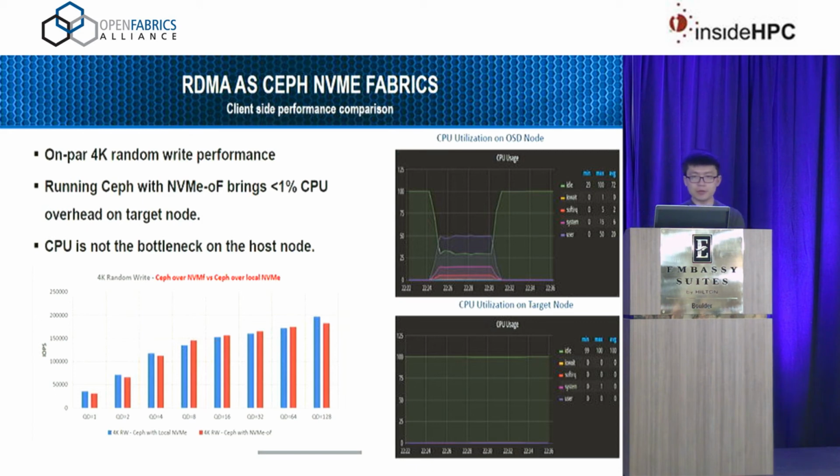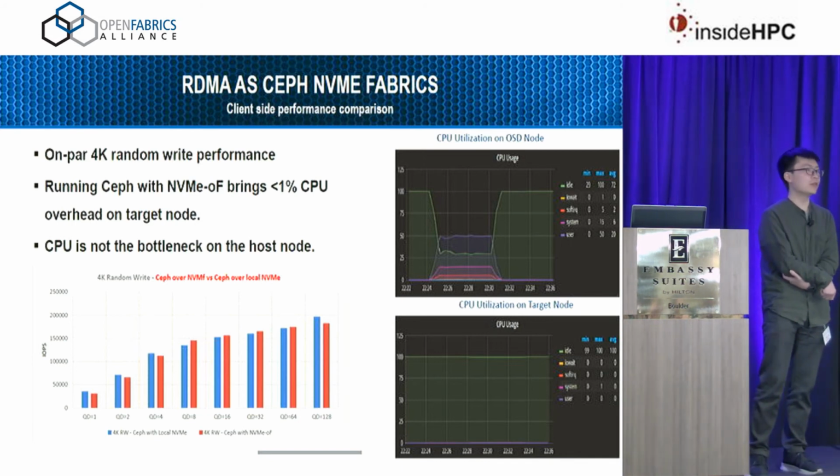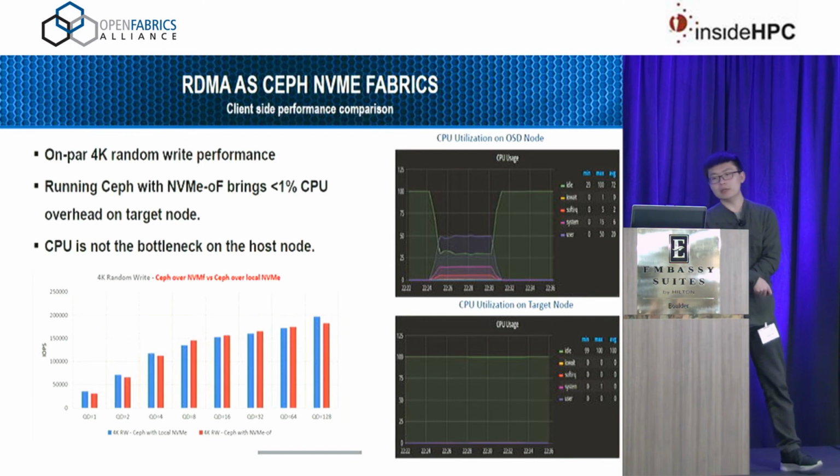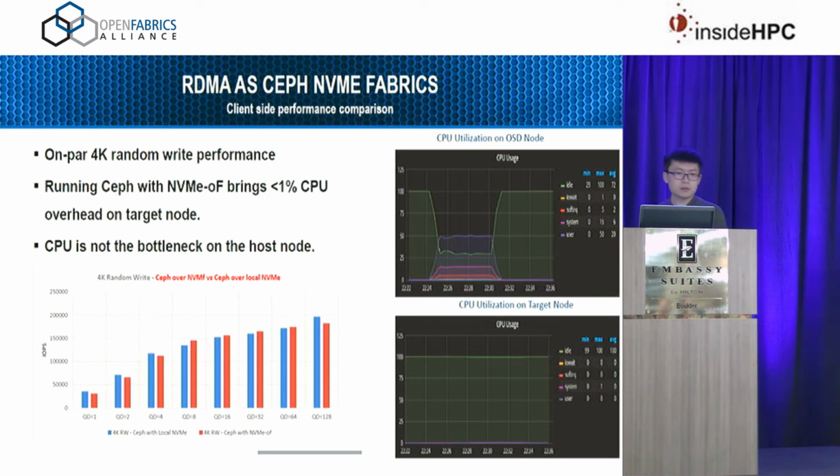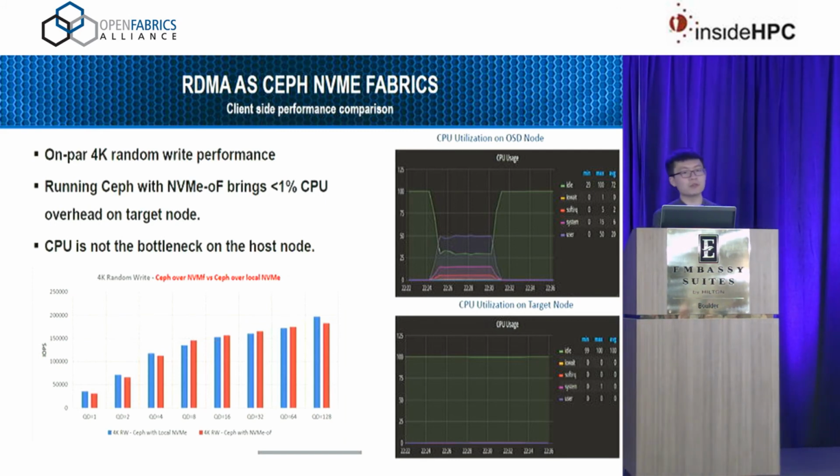So here is the benchmark result. Actually, we get on par 4K rand write performance compared with Ceph with the local NVMe, like the left chart. Also, running Ceph with NVMe-oF brings lower than 1% CPU overhead on the target node.